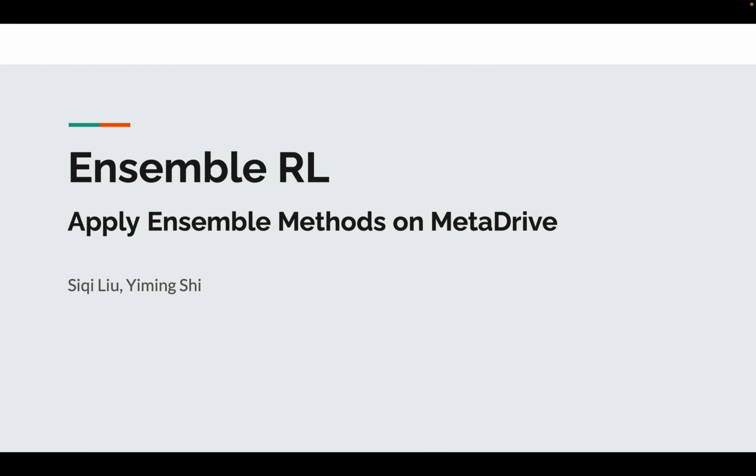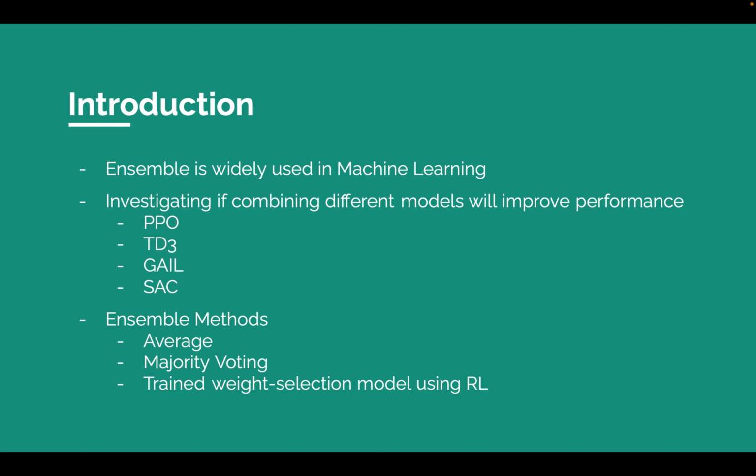Our project is on ensemble reinforcement learning, where we apply ensemble methods on RL agents in MetaDrive. To begin with, ensemble learning is widely used in classical machine learning. So we want to investigate if combining different models will improve their performance.